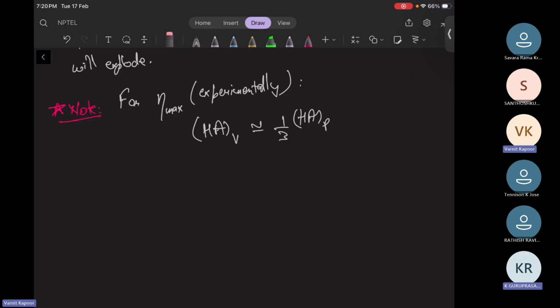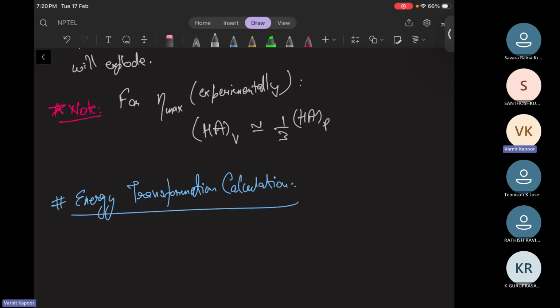All right, now let's come to the energy transformation calculations. Very important concept. Again, our fuel is nothing but hydrocarbon, that is hydrogen and carbon, and you mix it with the air.